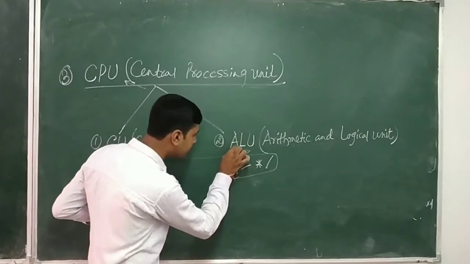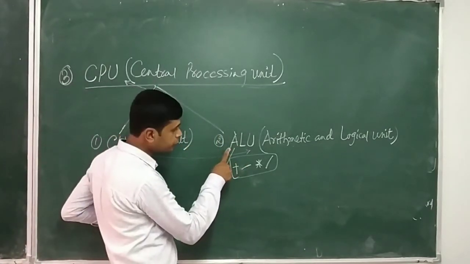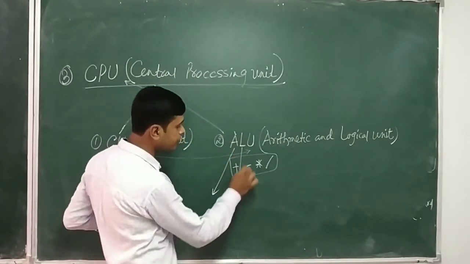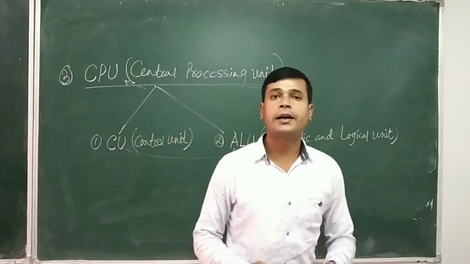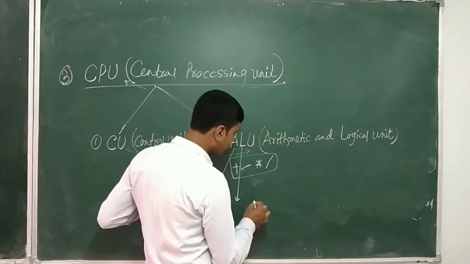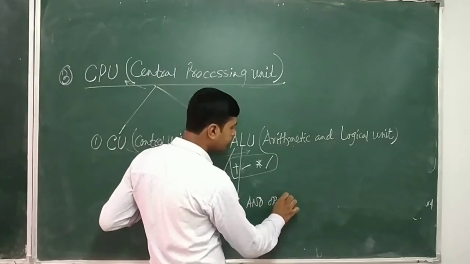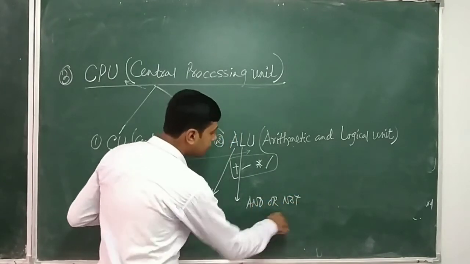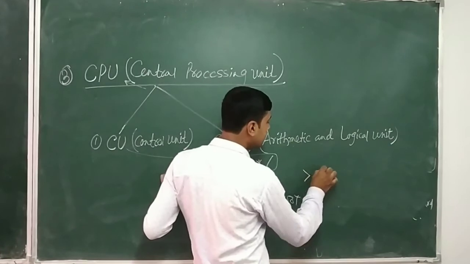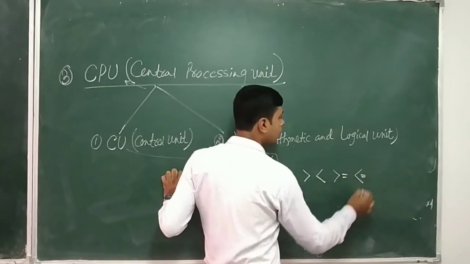So the arithmetic portion comes in, and the logical units too. You will get different logical operators: and, or, not. Next there are relational operators: greater than, equal, less than, not equal.